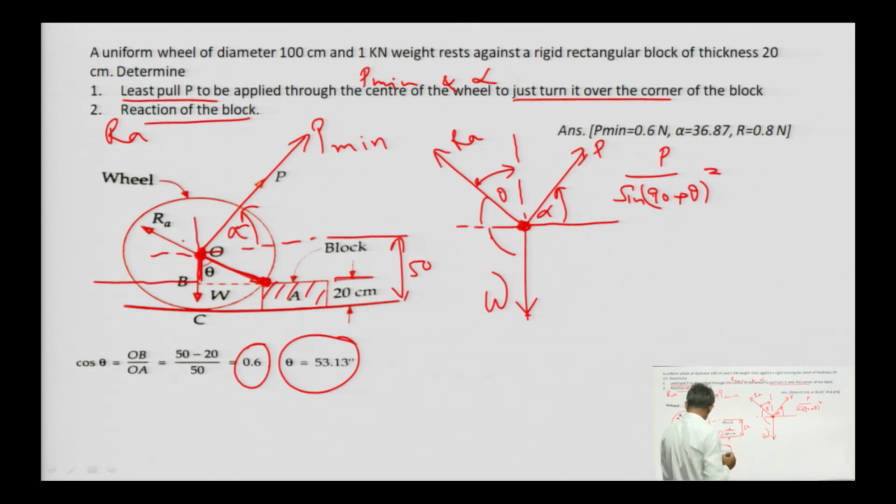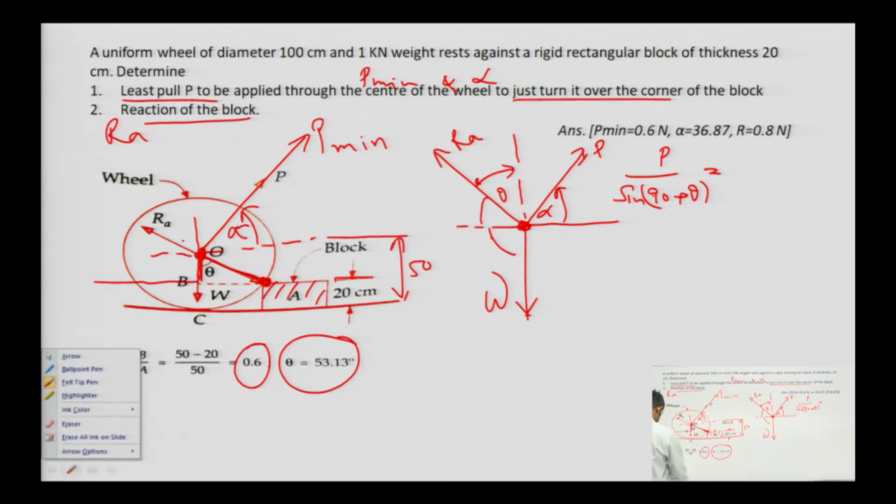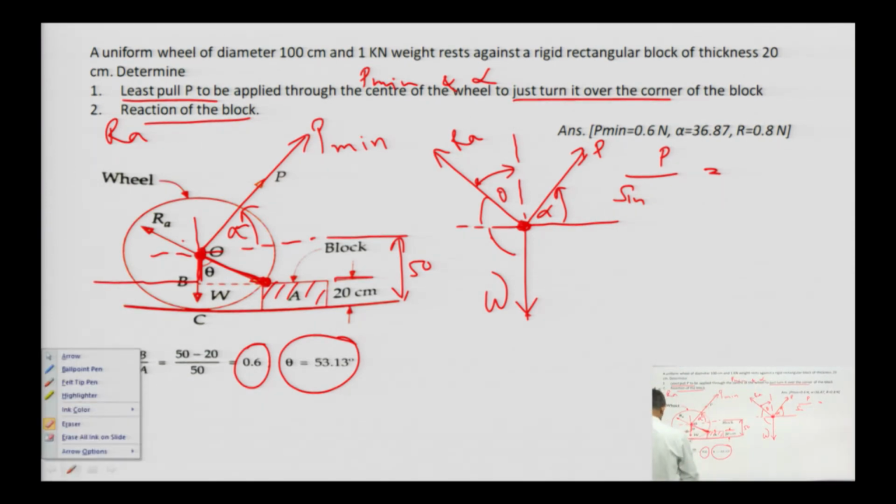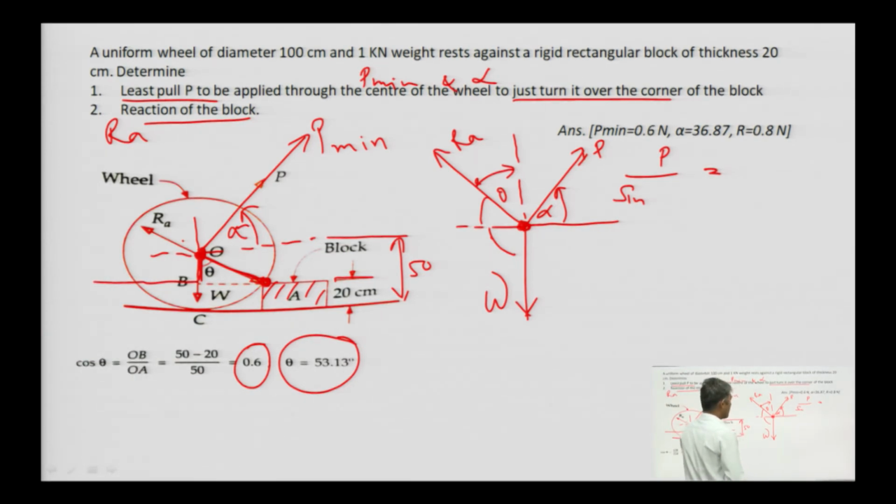No, it is wrong. Just wait. Okay. P upon this one angle. This is theta. This is theta. So, it is 90 minus theta.